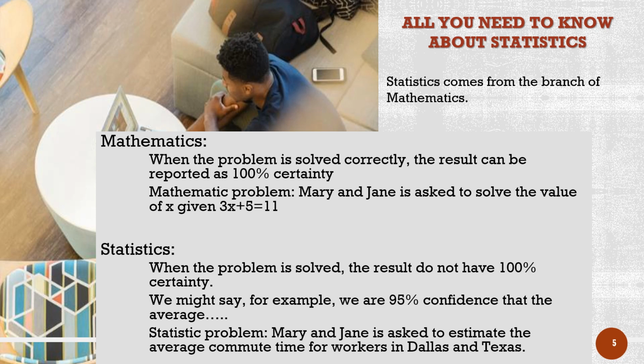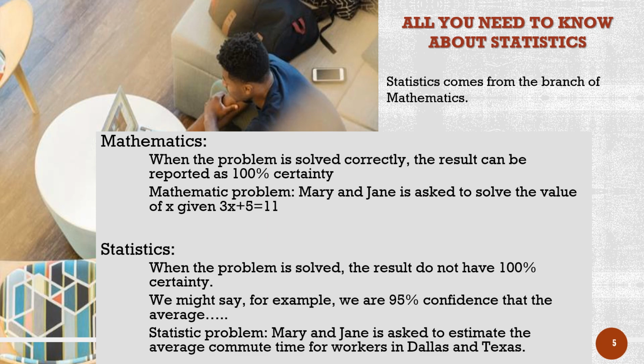For example, in this example shown here, Mary and Jane are asked to estimate the average commute time for workers in Dallas, Texas. So in this statistics problem, when we want to estimate the average commute time for workers in Dallas, Texas, basically we will be collecting data concerning the commute time from Dallas, Texas.